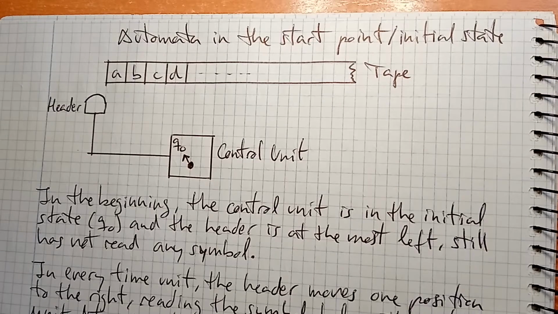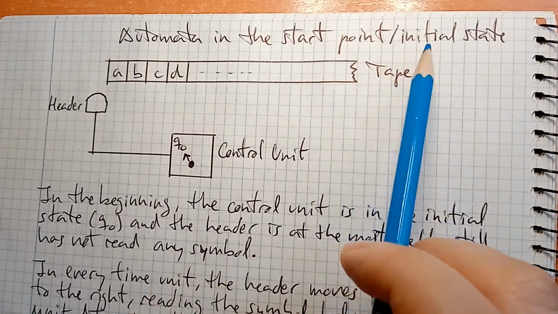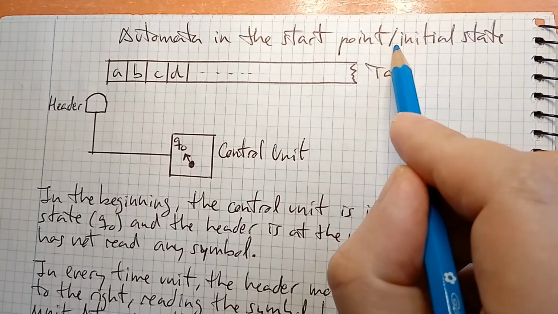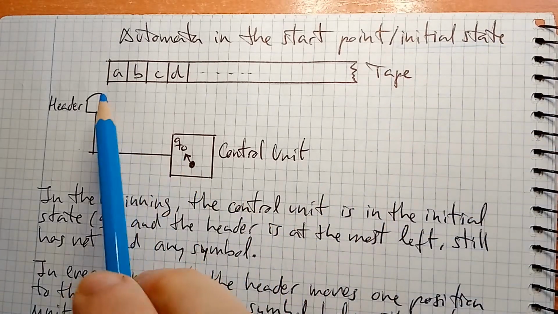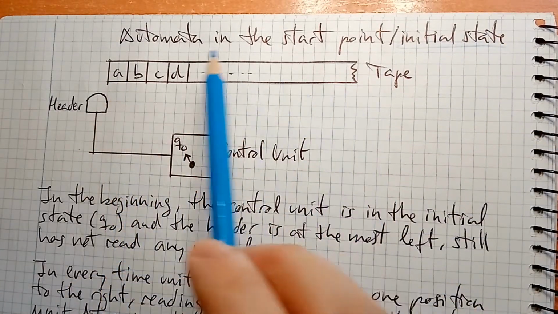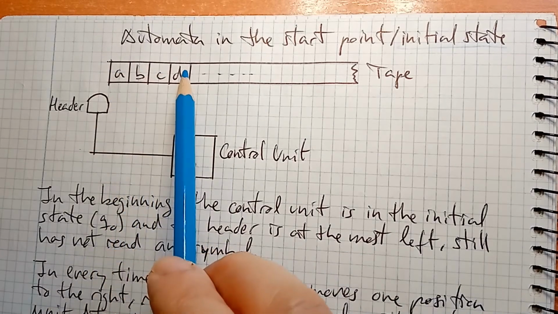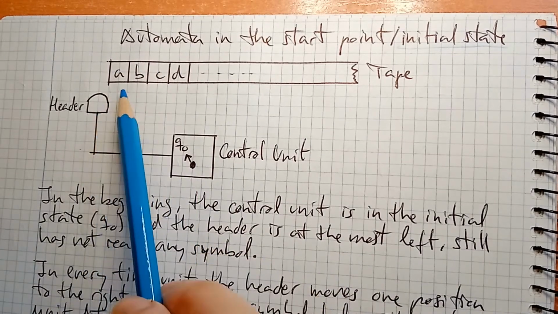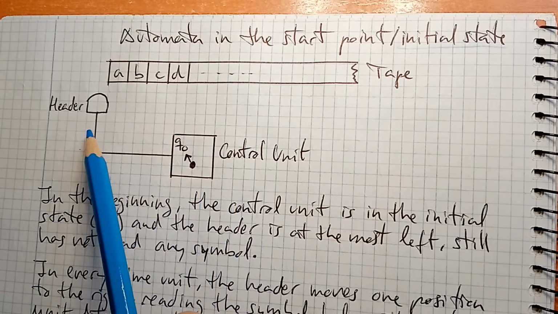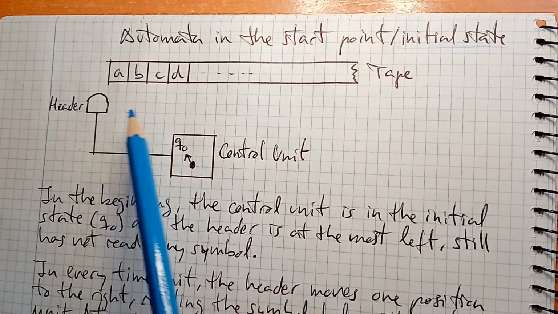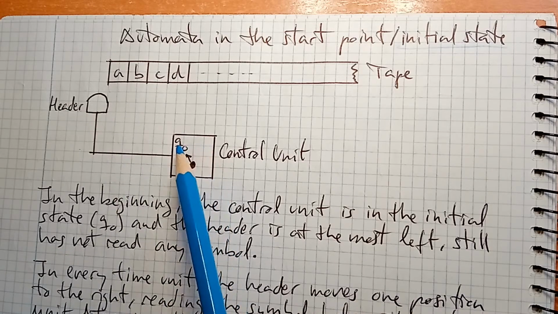This is an automata in the start point, most commonly called the initial state. There is a strip of a tape with symbols and a header that reads them. There is a control unit that, according to the strip, changes the state.